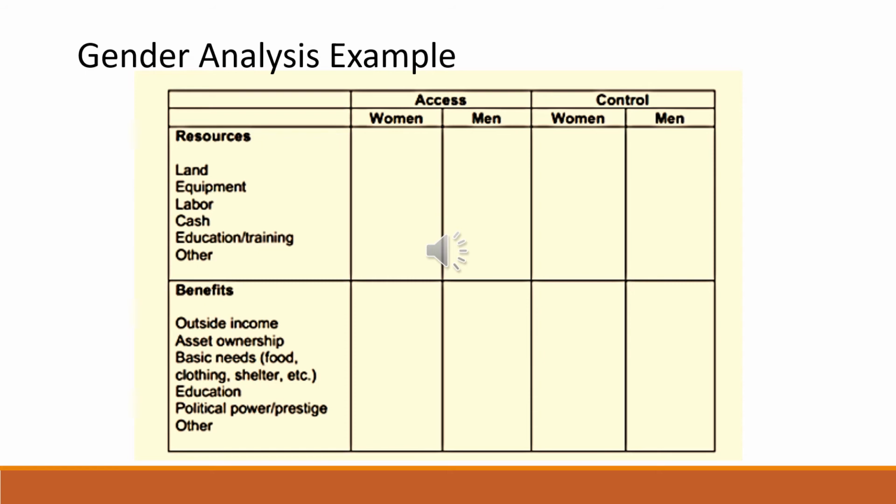And then, looking at cash naman, looking at the leftmost column, which says cash, and let's look at the control aspect of cash. Who controls the money resources within a family? Is it the women or the men? So, itong table na to will give us an idea of the power dynamics between men and women in the community.